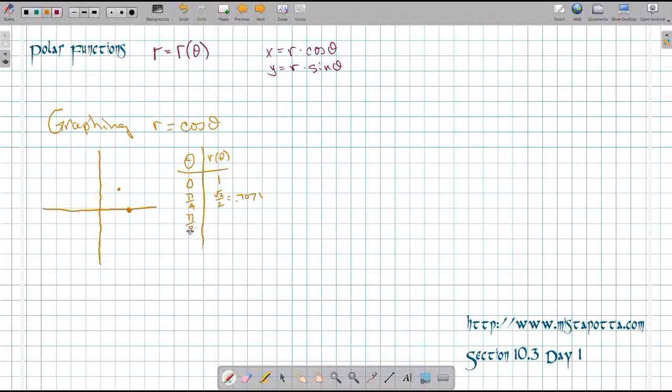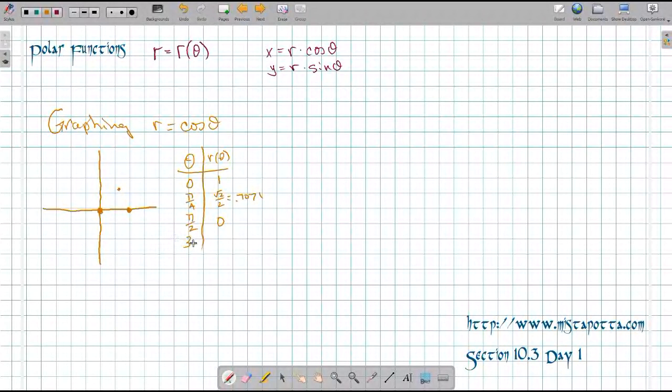And at pi over 2, the cosine is 0. So now I'm back at 0 when theta equals pi over 2. I am 0 units away from the pole.